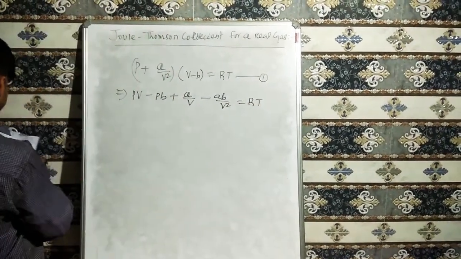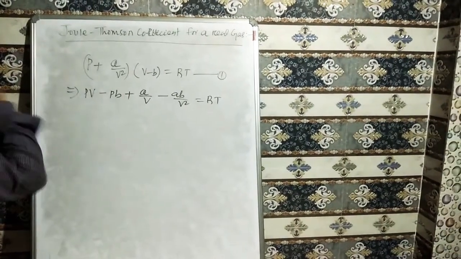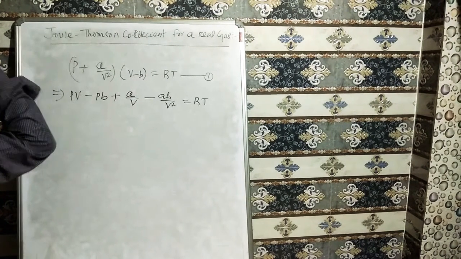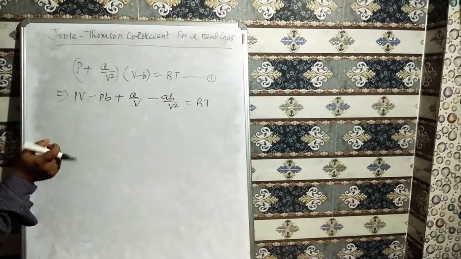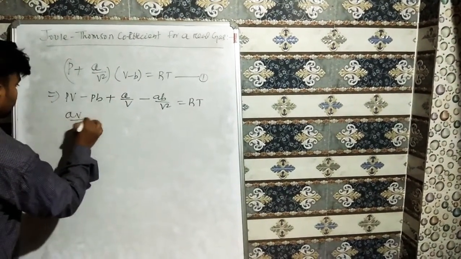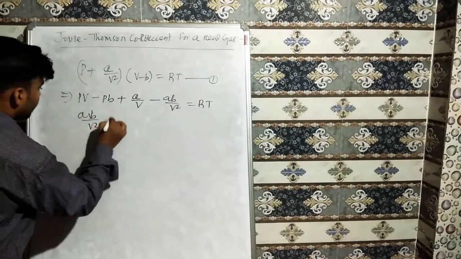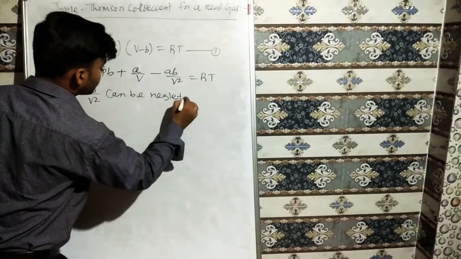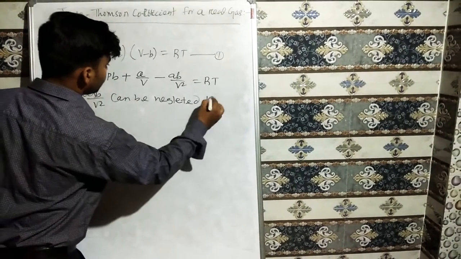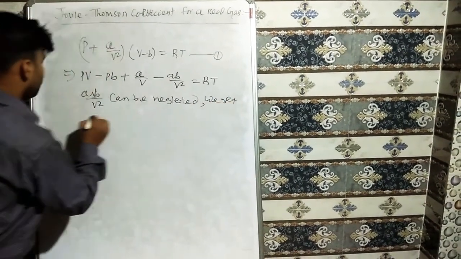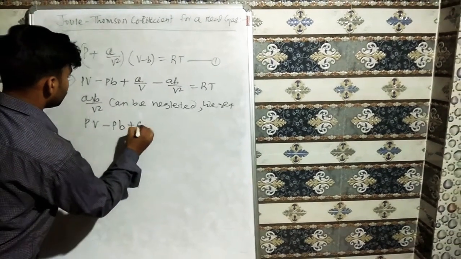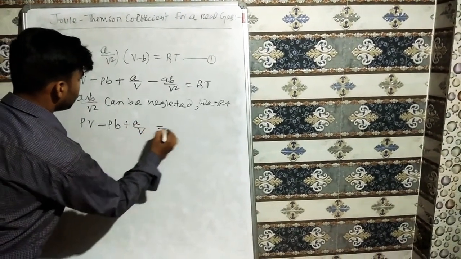And now, as a and b are two small terms, ab by V square can be neglected from the above expression. So we get PV minus Pb plus a by V is equal to RT.